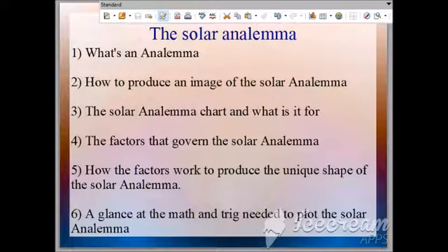Factors that govern the solar analemma. 5. How these factors work to produce the shape of the solar analemma. And 6. Just a little glance at the math and trigonometry needed to plot the solar analemma, and there will be no equations, just showing the concept.